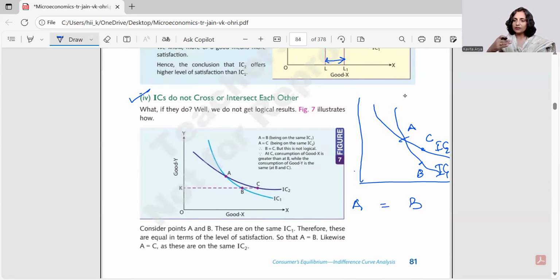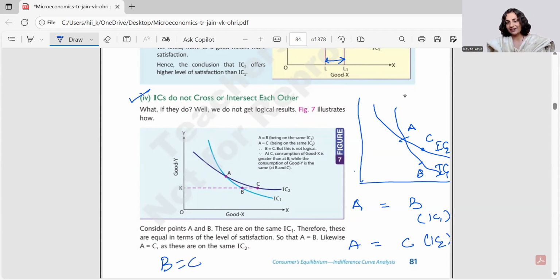Because all the points of one IC give you the same satisfaction, as A and B are lying on IC1. Now, A also gives the same satisfaction as C, because A and C are lying on IC2 and all the points of a single IC give the same satisfaction. Mathematics says if A is equal to B and A is equal to C, it means B is equal to C.